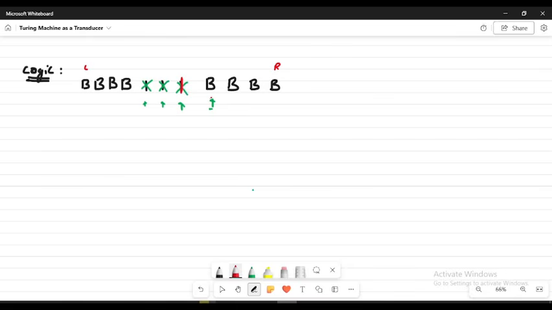Then after that I start the copy. Whenever you find the first x, make it 1. Then turn right, and whenever you find a blank in the right direction, make that blank 1.